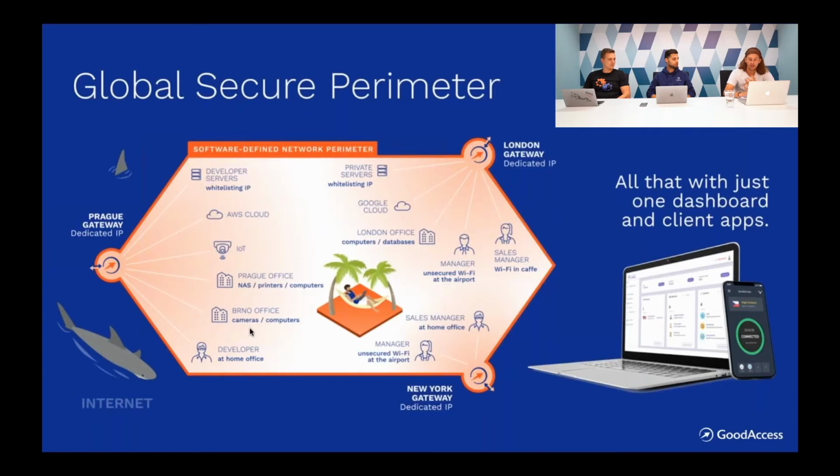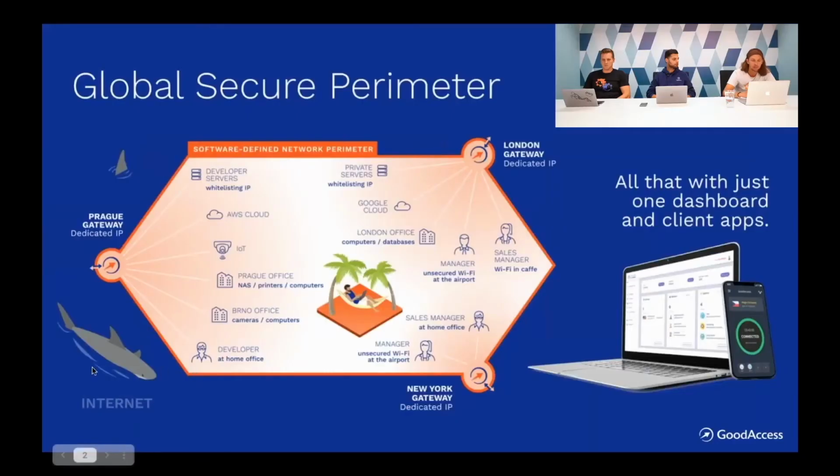So then, after we have everything connected with everything, we want to say who can access which systems and not the rest of the company. So this is the image of software-defined perimeter where everything is connected and secure from the outside internet, and we have one or more gateways which can be used for accessing this secure network.